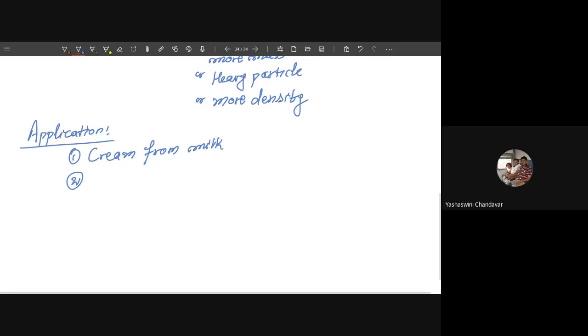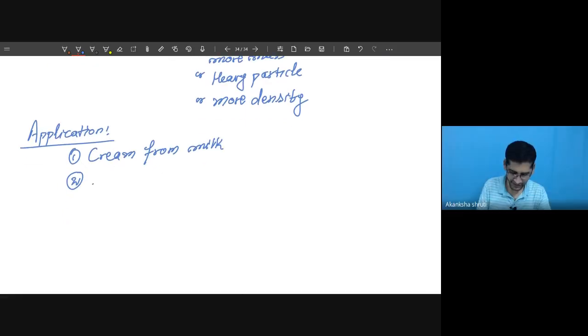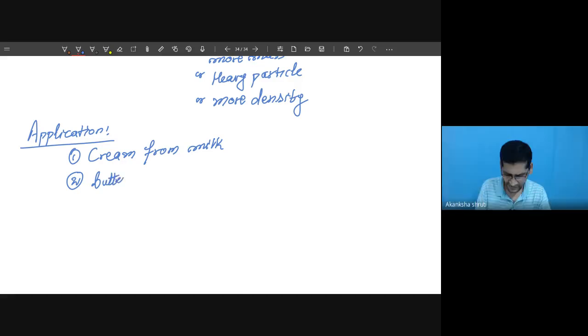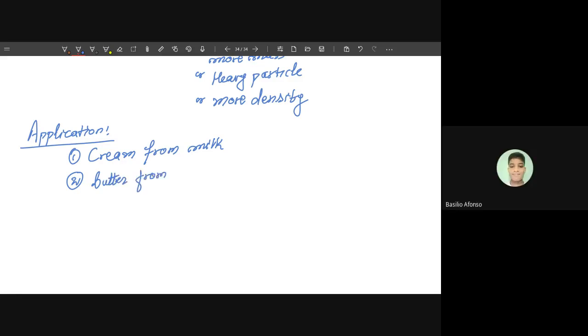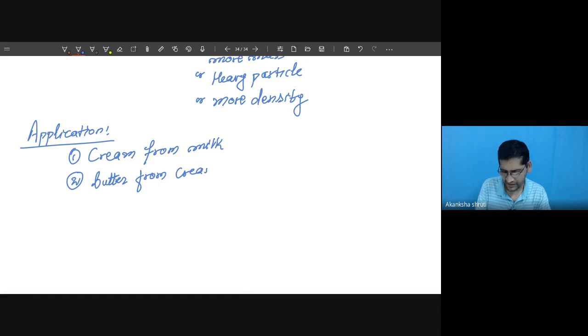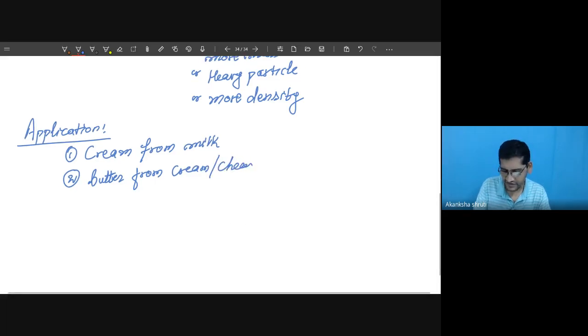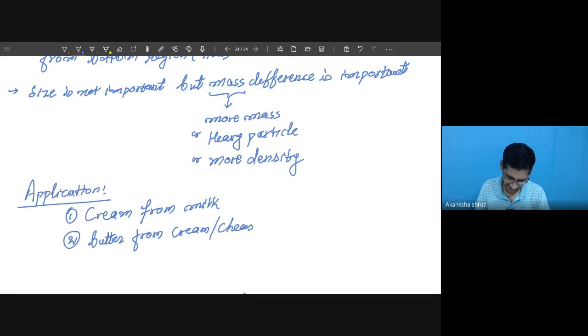Next one is getting the butter from cream or cheese. Okay, write it quickly.